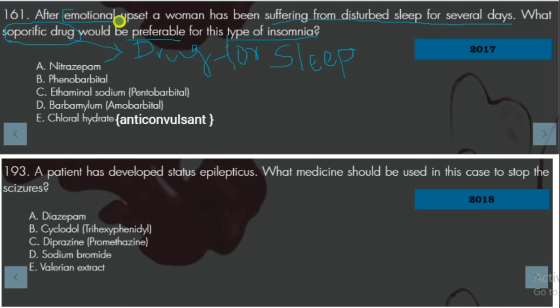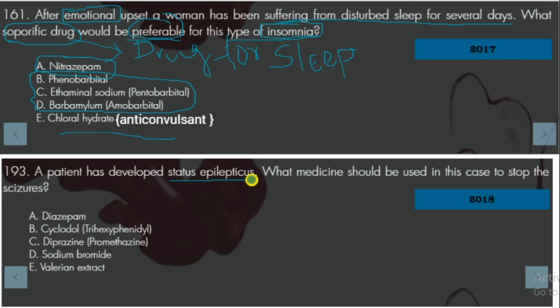So for a patient with both anxiety and no sleeping, we prescribe benzodiazepine, for example, nitrazepam. If we have a benzodiazepine, we prefer diazepam more than barbiturates. Chloral hydrate is used as anticonvulsant.